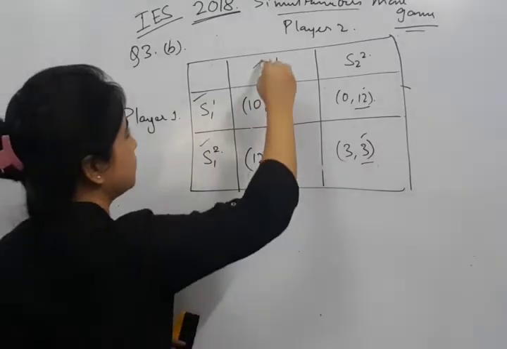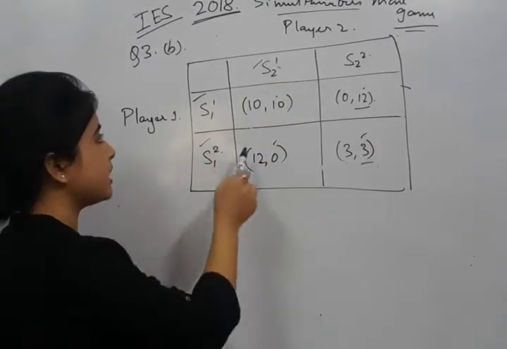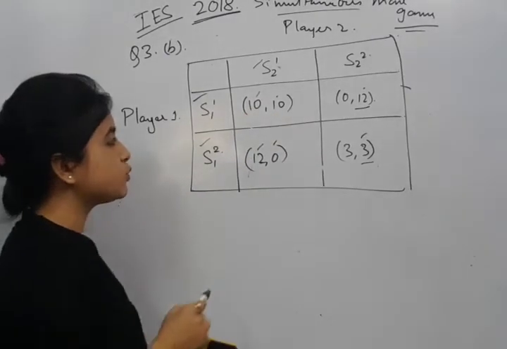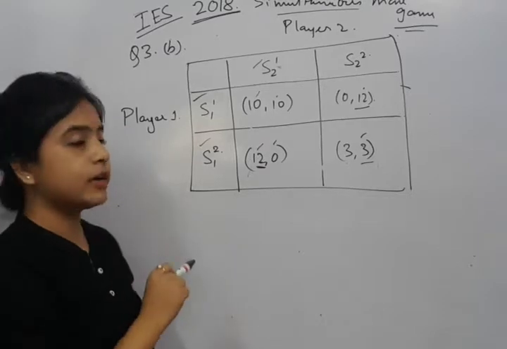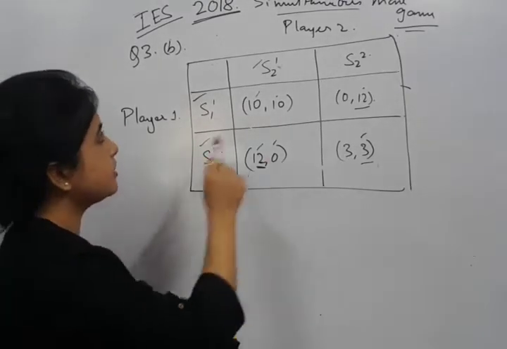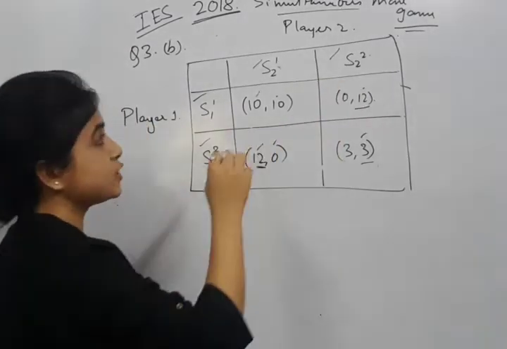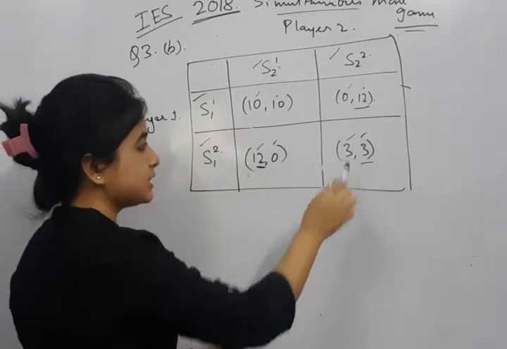Coming to player 2. Player 2 plays S21 strategy. So player 1 has to choose between this 10 and this 12. Comparing, 12 is higher. So player 1 goes for the S12 strategy. Similarly, if player 2 plays S22, then player 1 has to choose between this 0 and this 3.